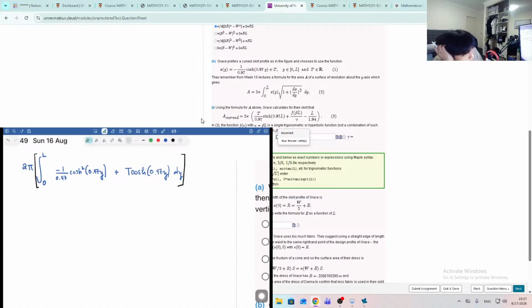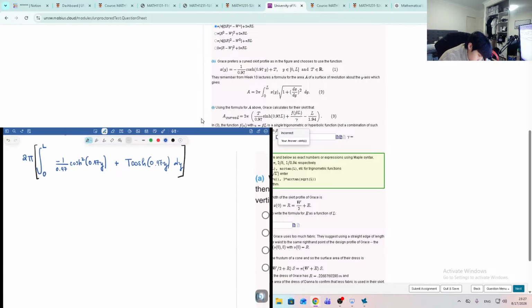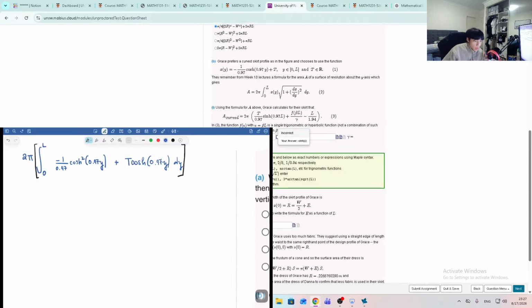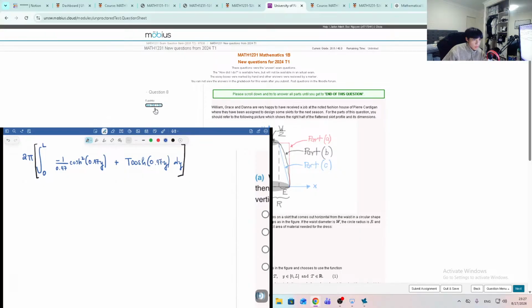Is that our formula initially? Yes. Right. No way it's going to be like a negative here.